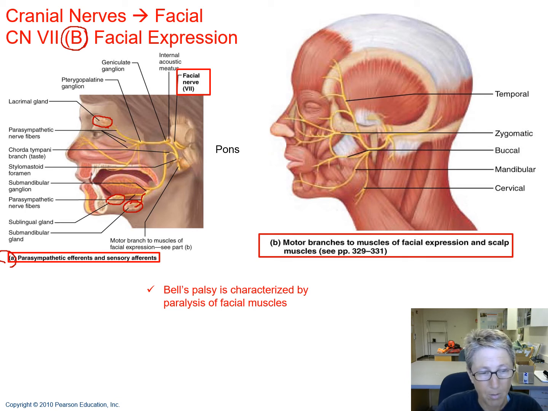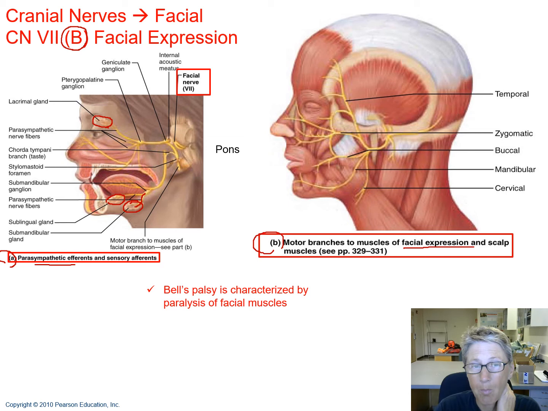So that would be part of the parasympathetic efferent nervous system, because the parasympathetic nervous system will innervate the smooth muscle cells. And then on letter B, it says the motor branches to the muscles of facial expression and scalp muscles.